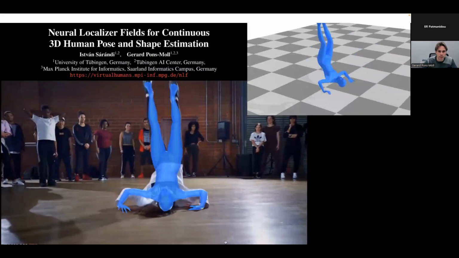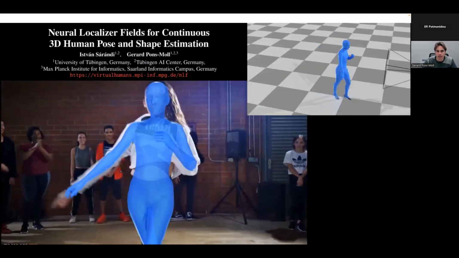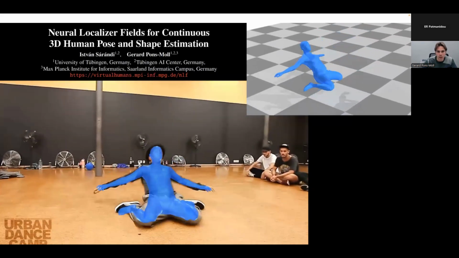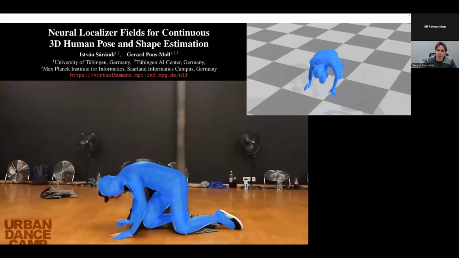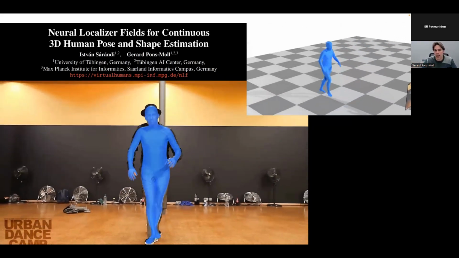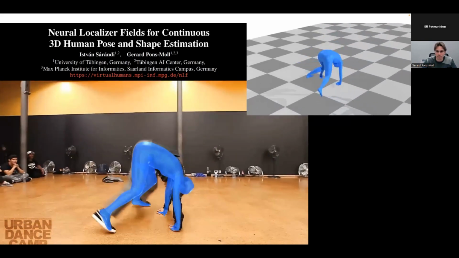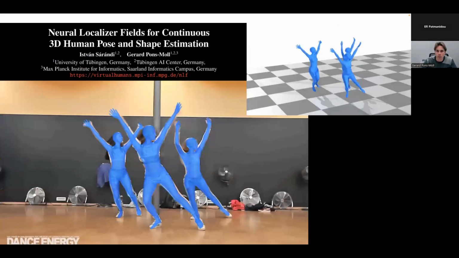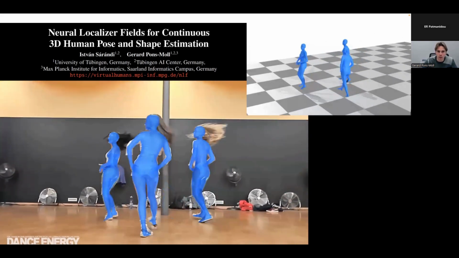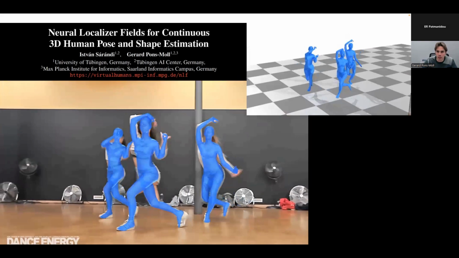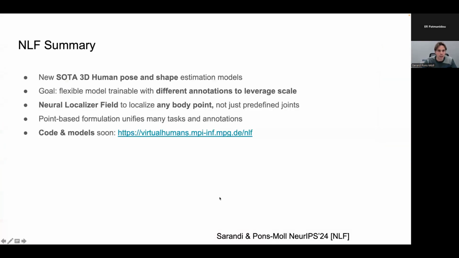And yeah, so this constitutes right now the state of the art in human pose and shape estimation. I want to highlight that the nice part is that we can consume any dataset without any conversion, and we can choose which skeleton format we predict at test time. And the code is available, so if you're interested in this, I would encourage you to check the code and then give us feedback on your experience. All right.